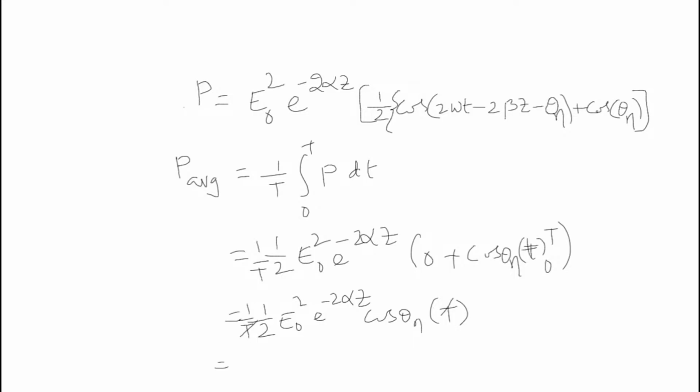Finally we get 1 by 2 E naught square e to the power minus 2 alpha z cos theta eta. This is the average value of the Poynting vector for a conducting medium.